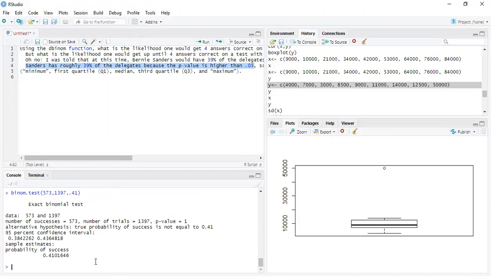Why? Well, because they're giving you some flexibility here. R isn't going to just say, no, that's 100% not correct. Let's see if it does the same for 38. A p-value of 0.02.